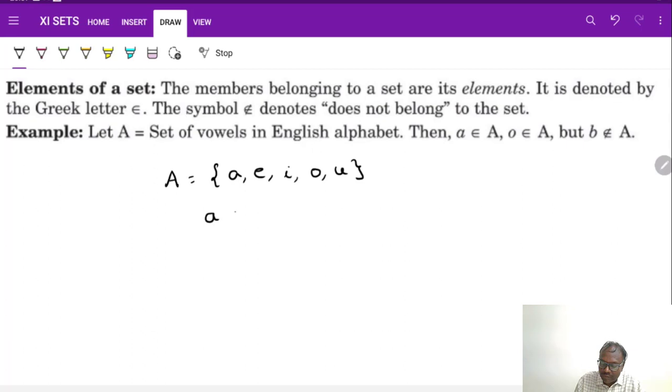The symbol for belongs to is the epsilon symbol, and we write capital letter A, which is the name of the set. So A is a member of set A.